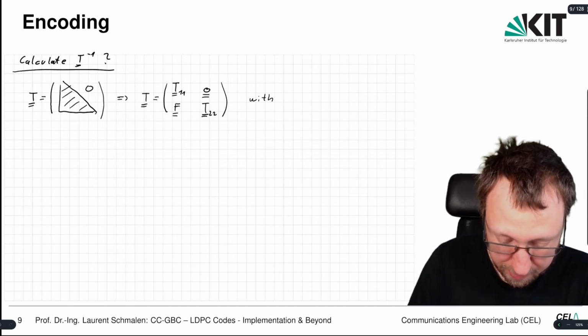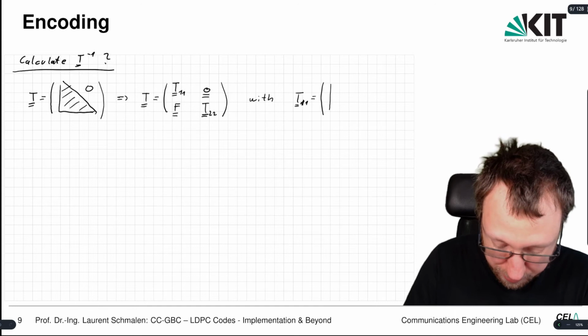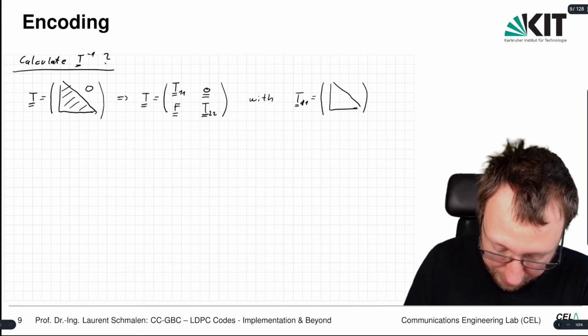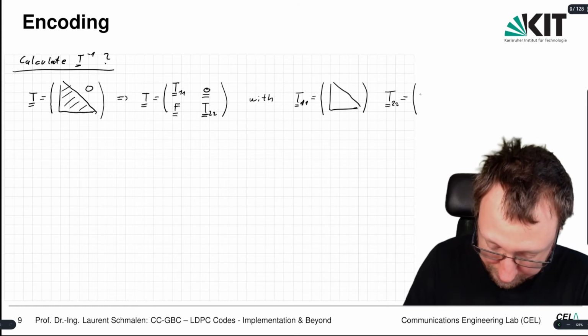And that means T11 is also a lower diagonal matrix, and T22 is also a lower diagonal matrix.